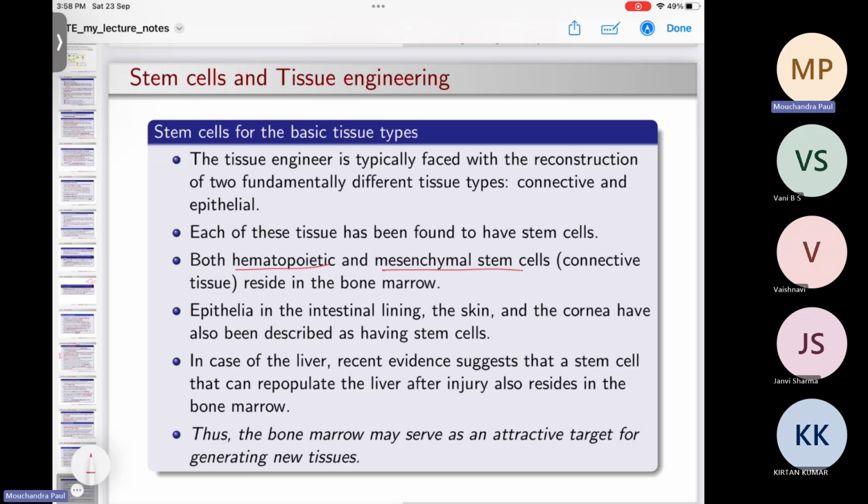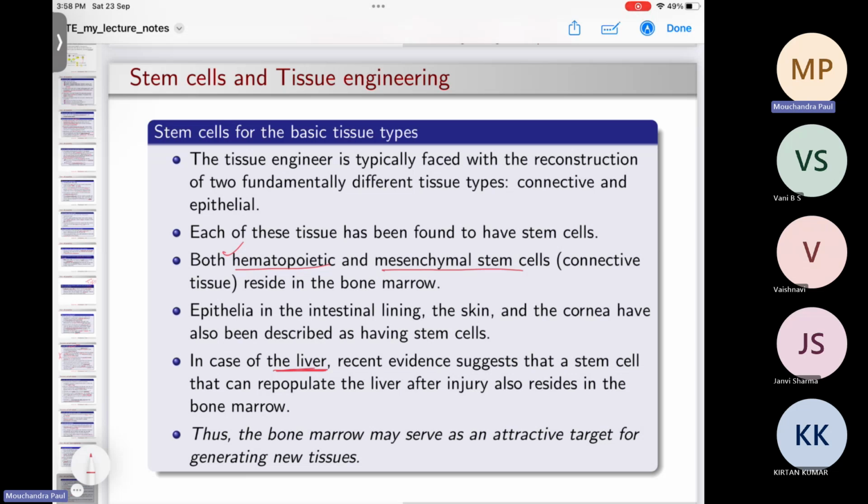Whereas for an organ like the liver, as I told you, the liver has a very slow turnover rate. So for the liver, how will you use the stem cell? People have observed that you can actually induce plasticity, stem cell plasticity, in hematopoietic stem cells to make liver cells like hepatocytes.